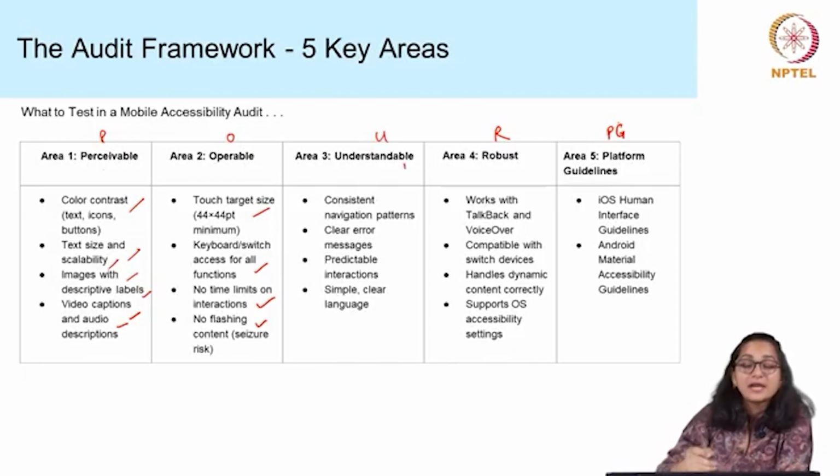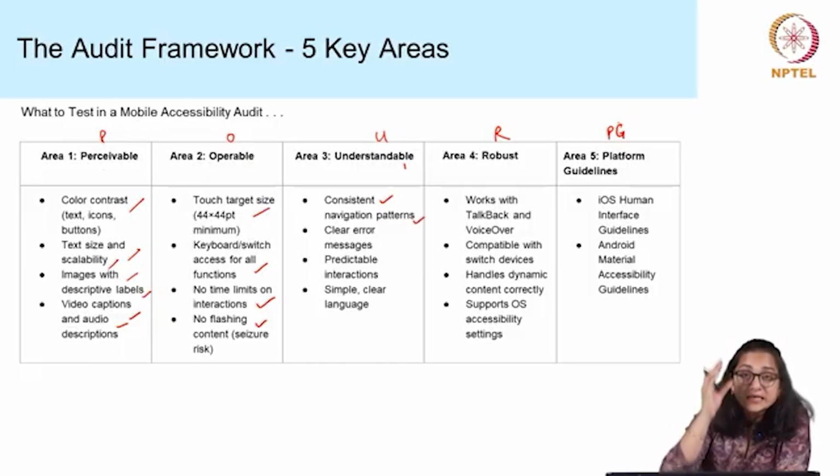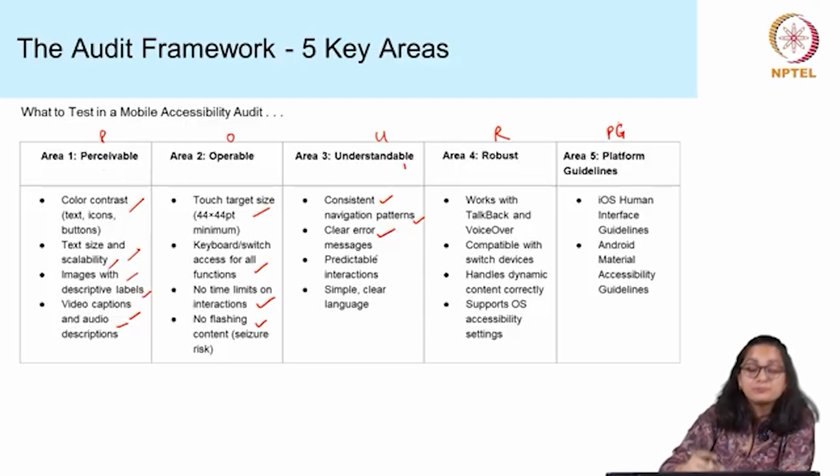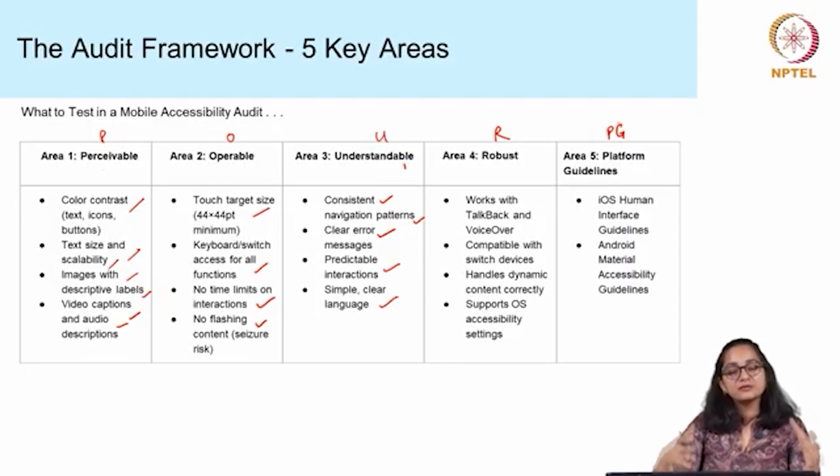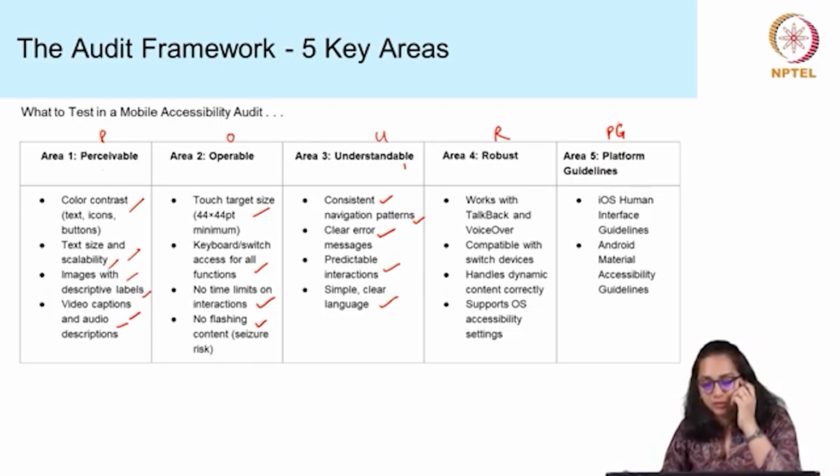Then you have the understandability vertical: consistency in navigation patterns, clear error messages, predictable interactions, simple clear language usage. So, I think we have gone through this, but this particular framework is used in mobile accessibility audit.